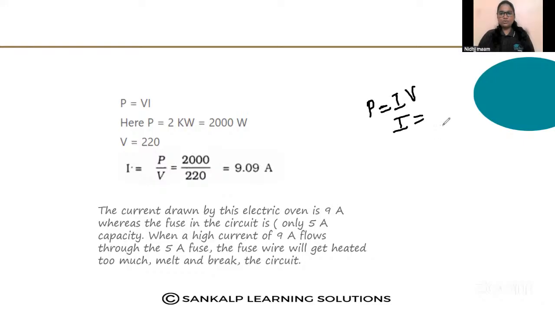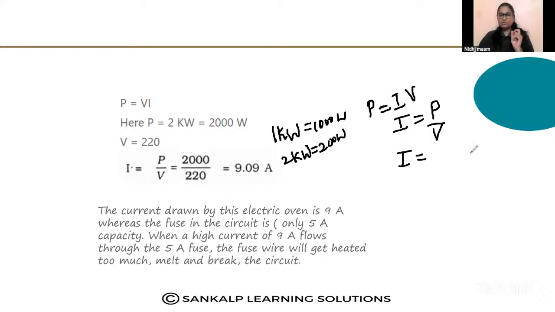P by V. It is 2 kilowatt. We want in watts. So 1 kilowatt ಅಂದ್ರೆ 1000 watt ಅಂತ. Then 2 kilowatt ಅಂದ್ರೆ ಏನು? It is nothing but 2000 watt. So 2000 divided by 220. So when you just divide, you will get the answer as 9.09 ampere.